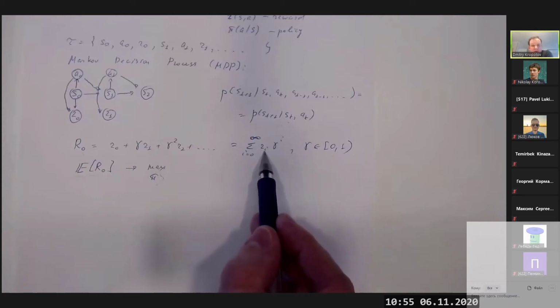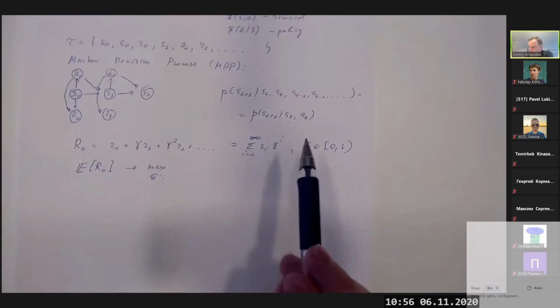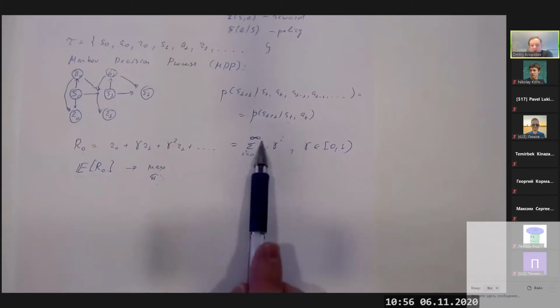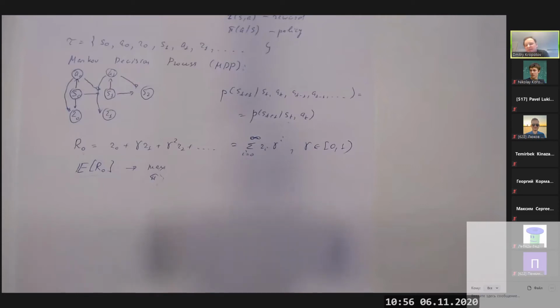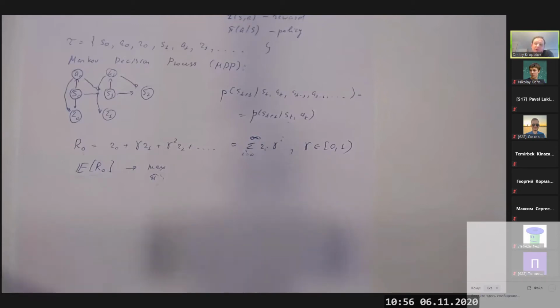So our immediate rewards usually take values from a bounded set, like from -1 to +1, for example. And without this gamma, the summation till plus infinity would finish with a plus infinity value. So in order to have a convergent series here, we need to add some discounting factor.